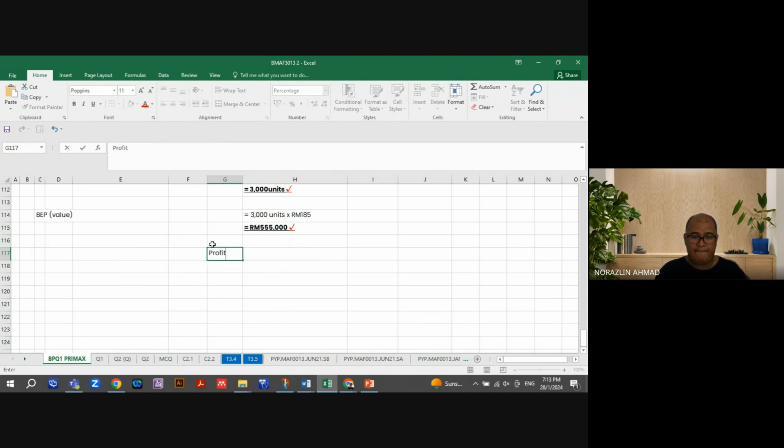So profit equals still RM 185 minus 135 times 10,000 units, minus RM 150,000.